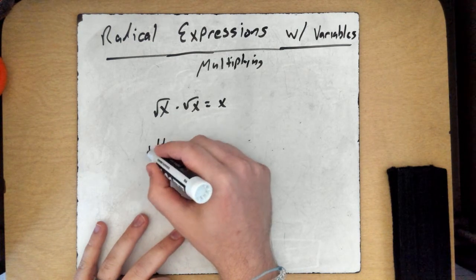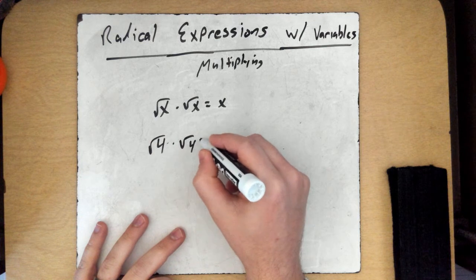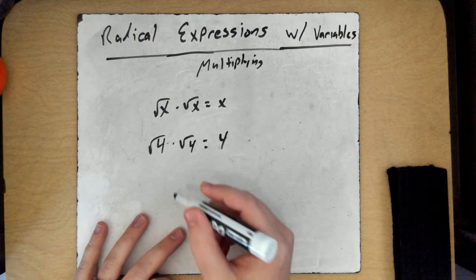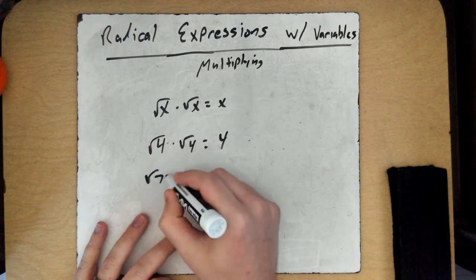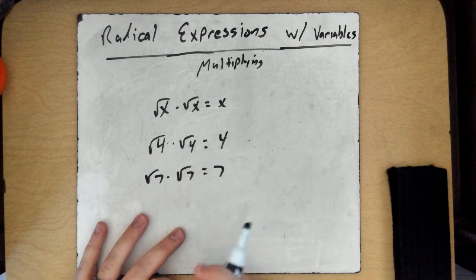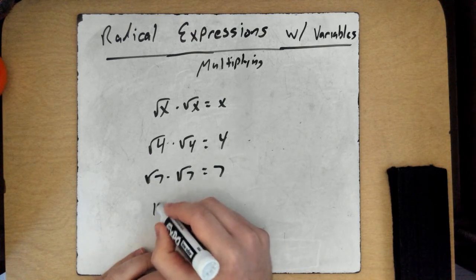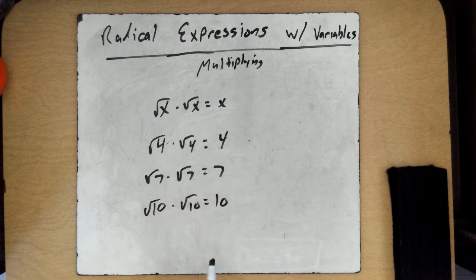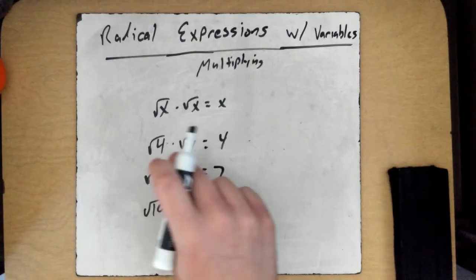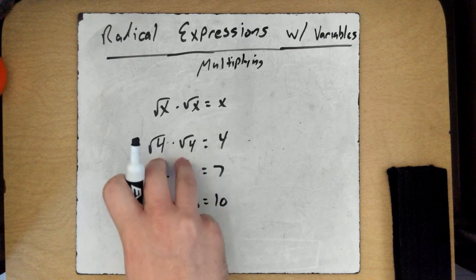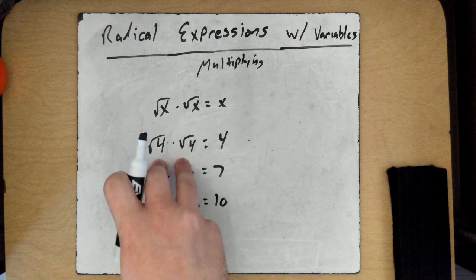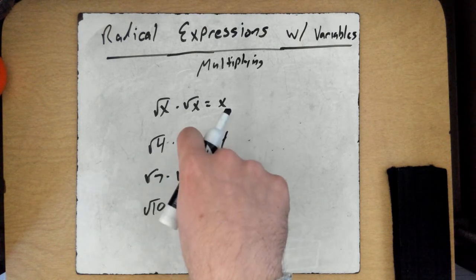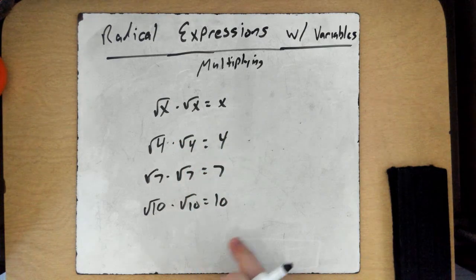Let's say the square root of 4 times the square root of 4 just equals 4, right? The square root of 7 times the square root of 7 equals 7. You get the idea. Square root of 10 times the square root of 10 equals 10. So remember this thing. If you have two numbers that multiply to each other that both have a radical, it's that same number without the radical. So it's a very important concept to remember here.